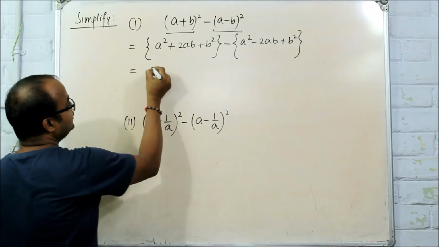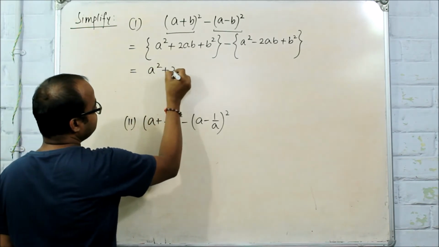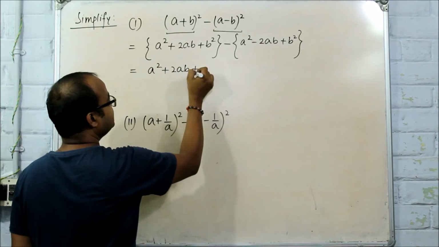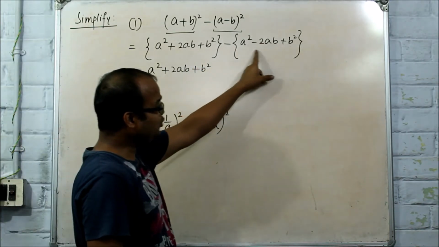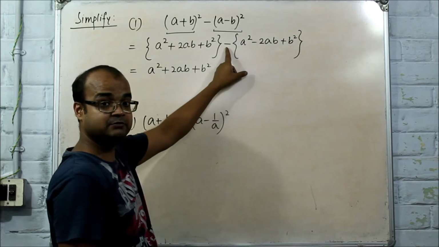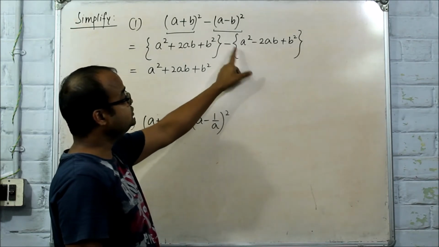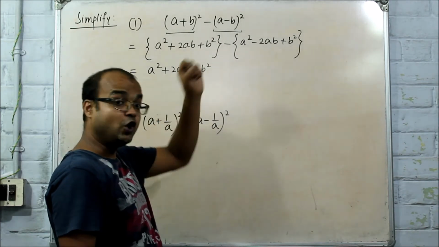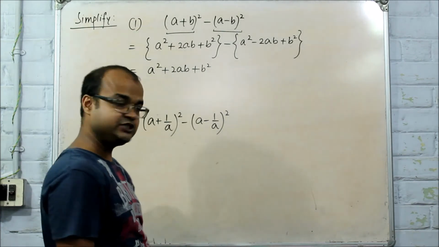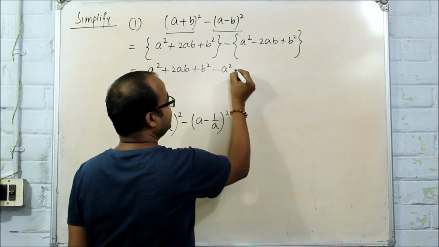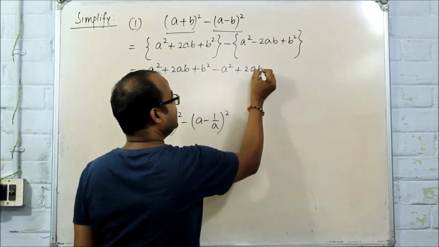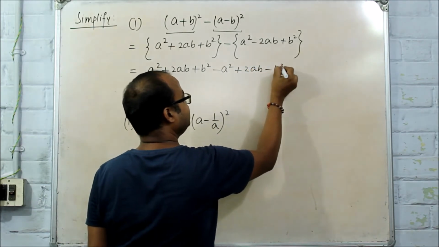So this is equal to a square plus 2ab plus b square. Outside sign is negative, so when the outside sign is negative, all the terms within the bracket will change their sign. So this will be minus a square, minus 2ab becomes plus 2ab, plus b square becomes minus b square.